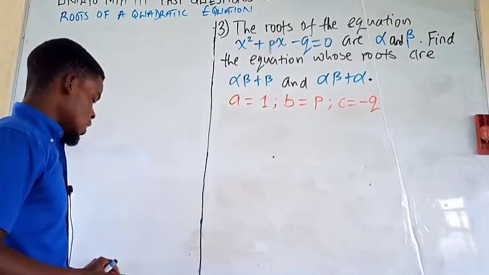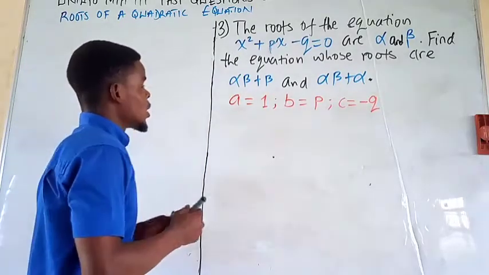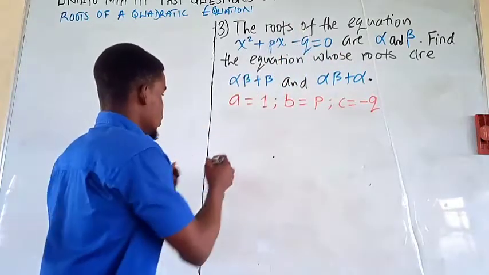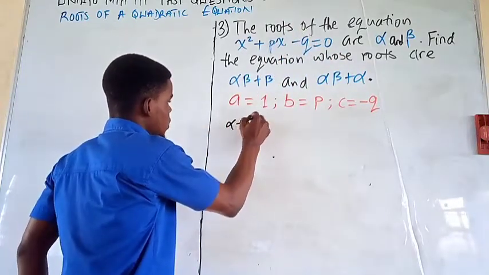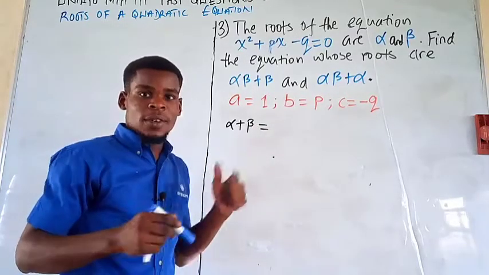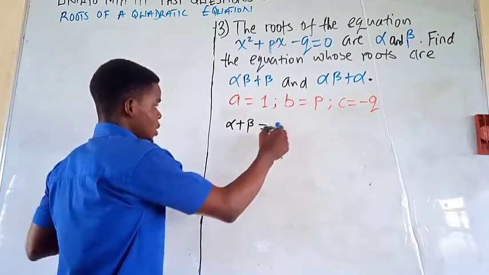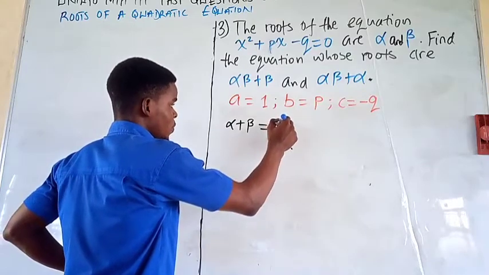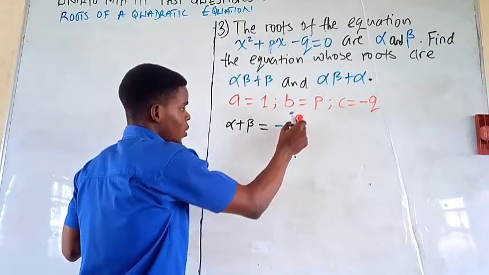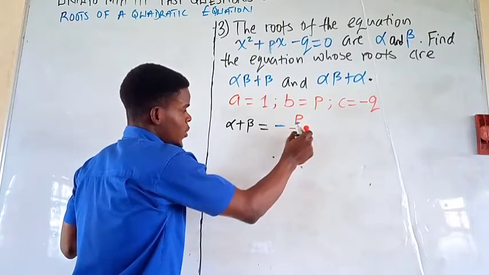Okay, so since those are the cases, then it will mean that the sum of the two roots of that particular equation will be alpha plus beta, which will give us negative b over a. Now look at this. Negative b here is p, alright? A here is just 1, alright?